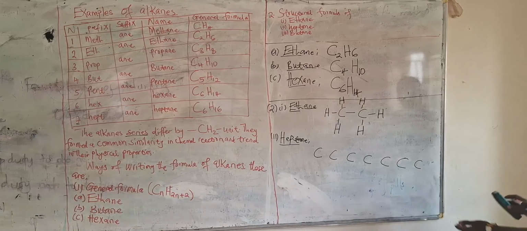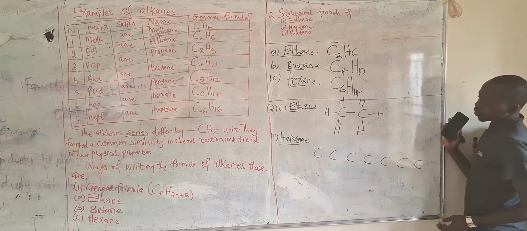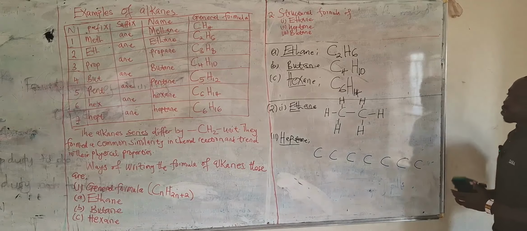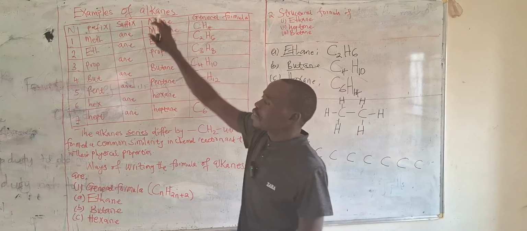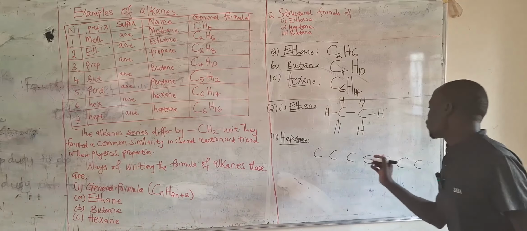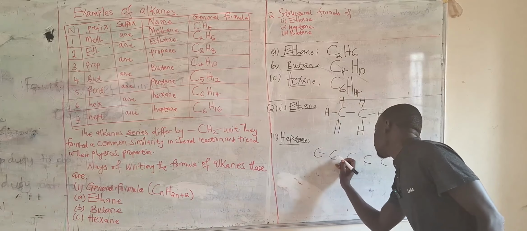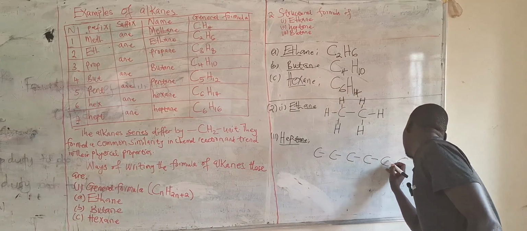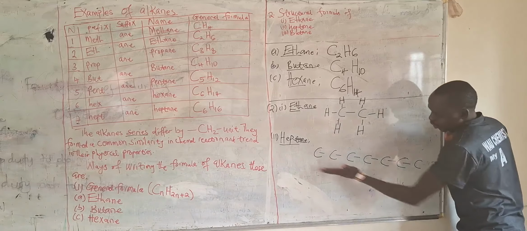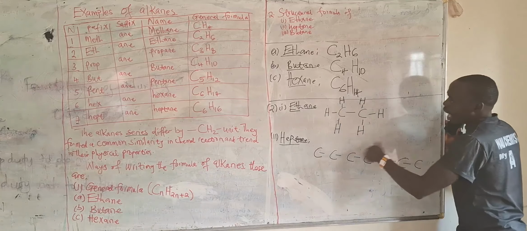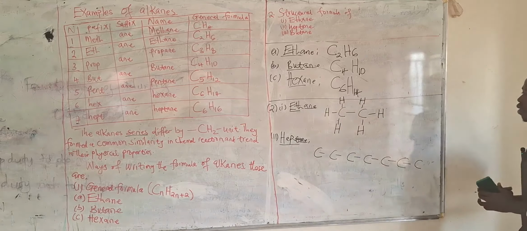So if I have 7 carbon atoms, from this knowledge again, they fall under what? Alkanes. So that means there are single bonds between these carbon atoms, and we are saying they are saturated. You will see how saturated they are with the number of hydrogen atoms.